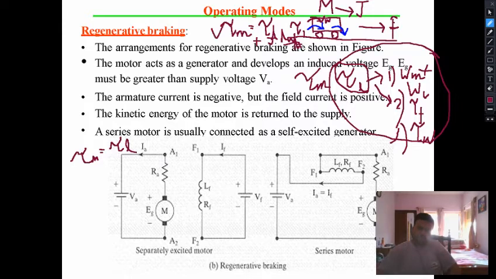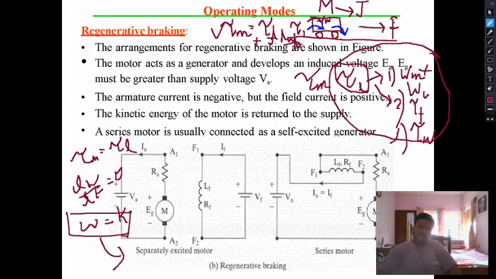You come back to this particular equation. Then obviously d omega dt will become 0. That means your omega is equal to a constant k. That means your machine, or the train, will move at constant speed. I hope you are able to visualize.